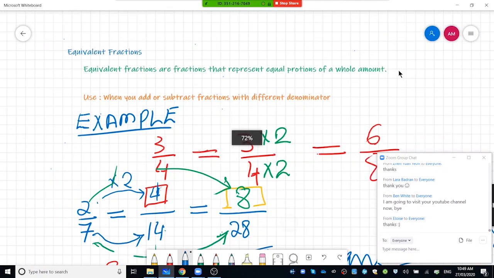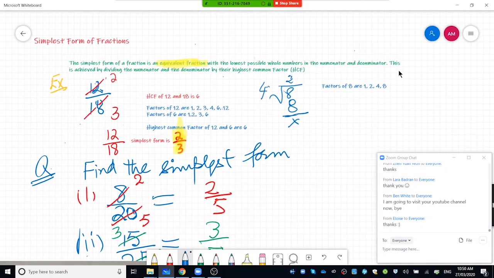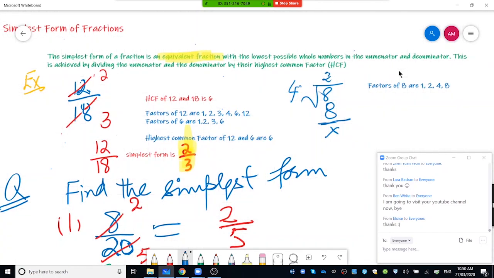And then we did some examples. We then moved to the third part. The third part was the simplest form of the fraction, and we said the simplest form of a fraction is actually an equivalent fraction, and it is achieved once both the numerator and the denominator are divided by the highest common factor.